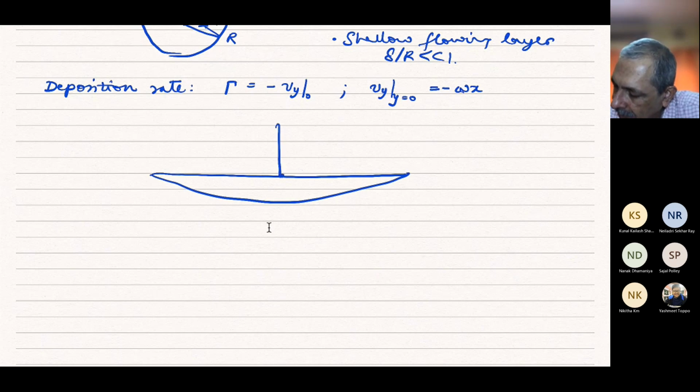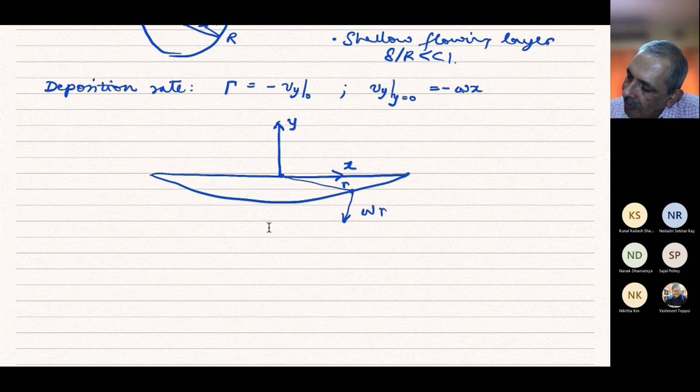This is y, this is x. So we actually want to find out what is the velocity here. So if this distance is r, then the velocity here is just omega times r. But what we are saying is that this thickness is very small.